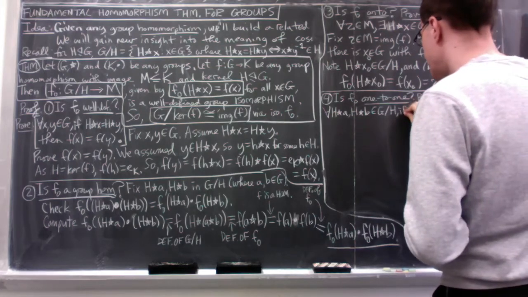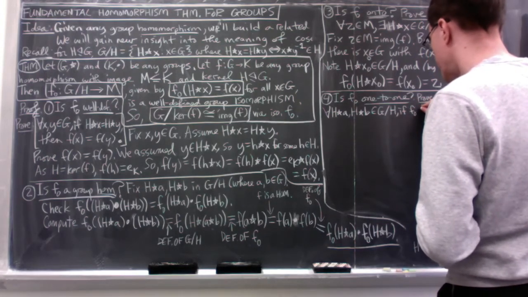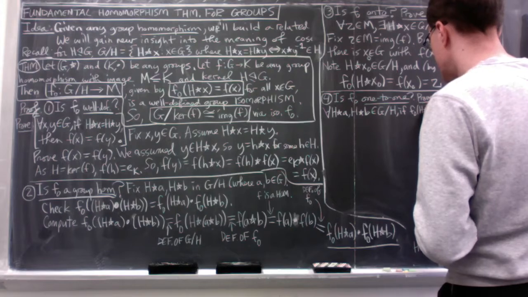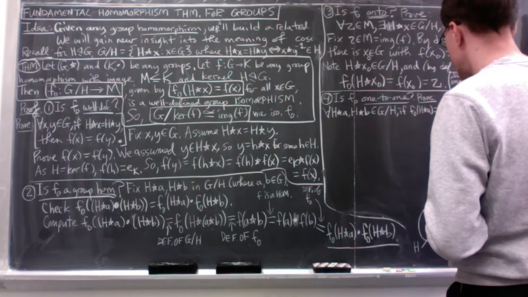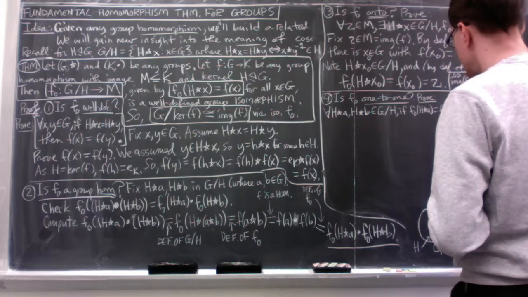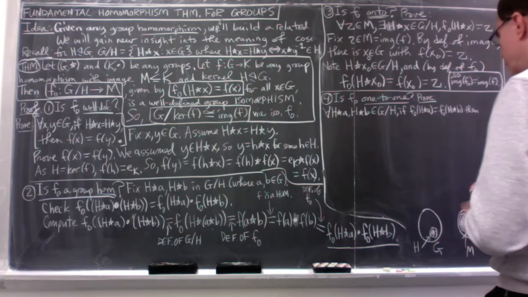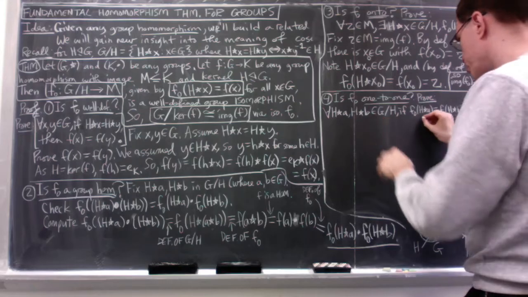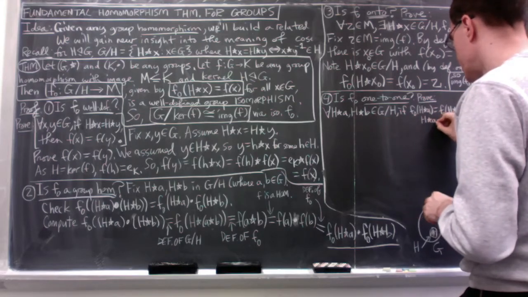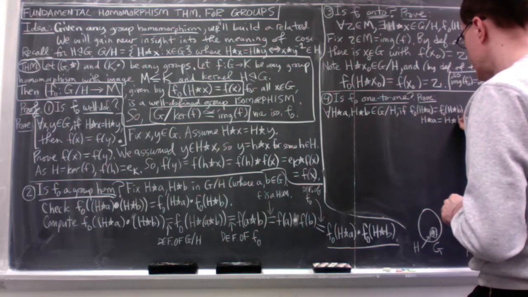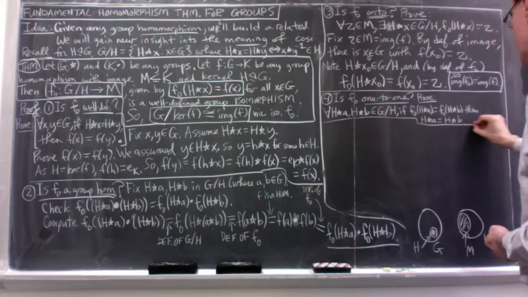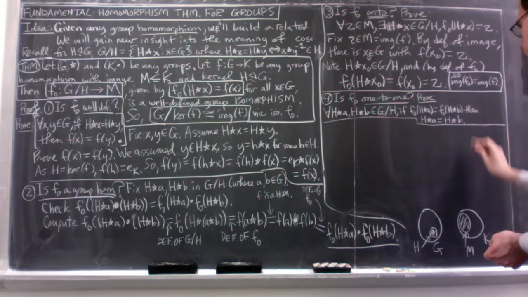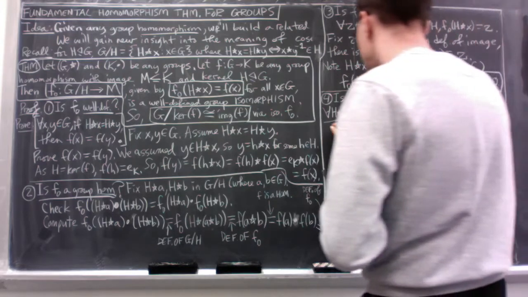If they map to the same thing under f naught, then not that A and B are equal, but that the cosets are equal. Right? Coset equality theorem yet again. All right, so let's do that.